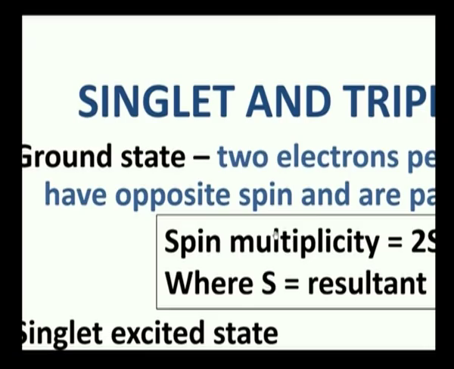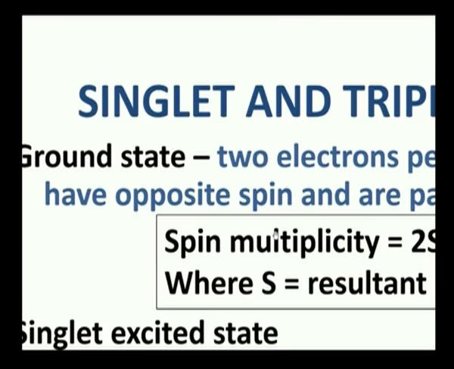In the ground energy state, the electrons are paired: one electron has plus half, the other minus half. The resultant spin S is S1 plus S2, and plus half and minus half cancel, so S is equal to 0.